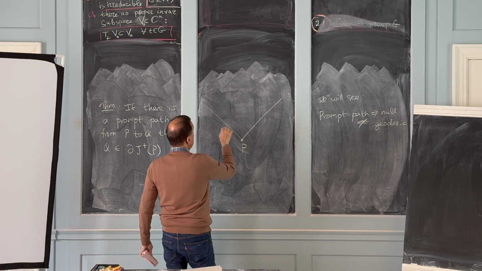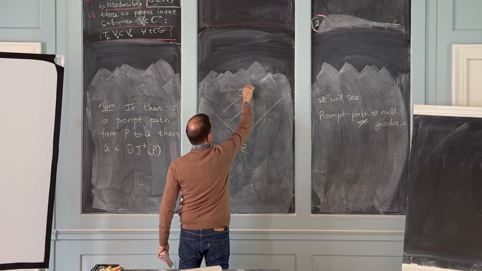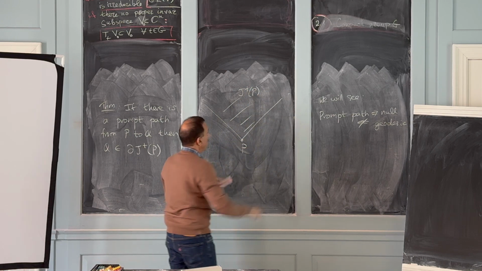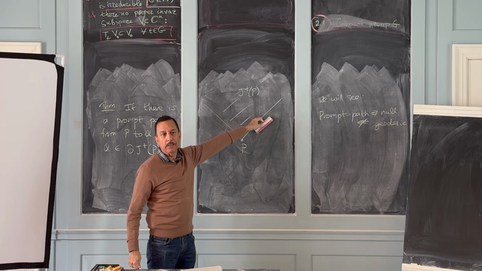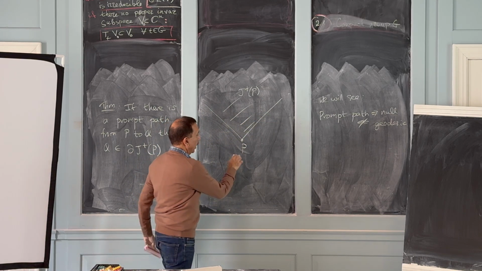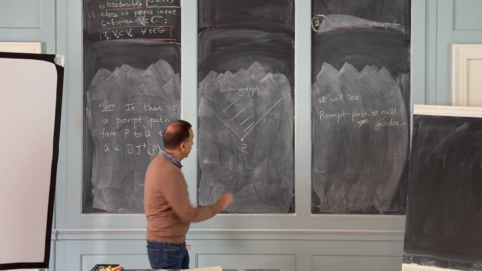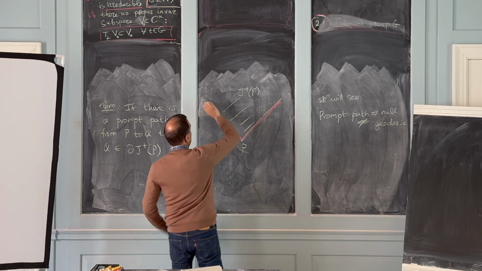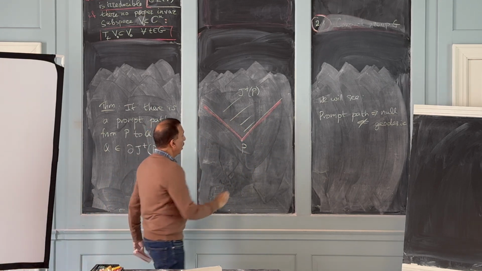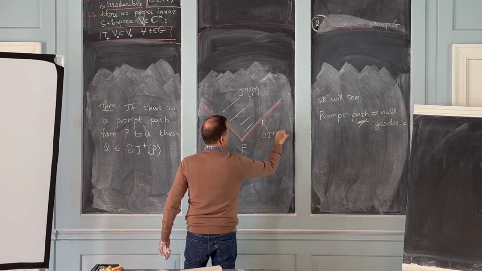This is the point P, and the causal future is called J plus of P, and it includes everything in this future light cone as well as the light cone itself, which is the boundary. But the actual boundary is just this, rotated of course, and so that's del J plus of P.